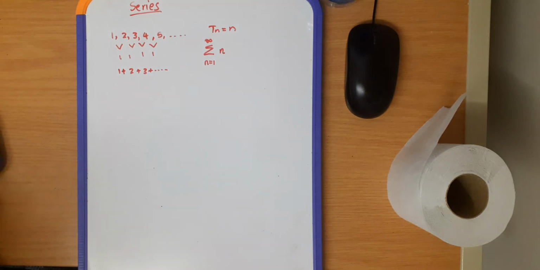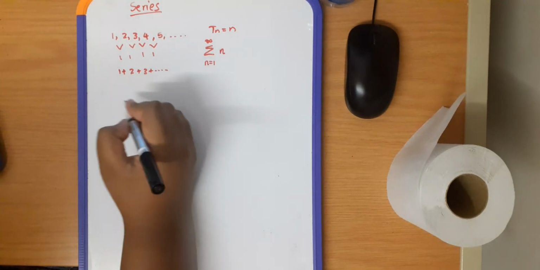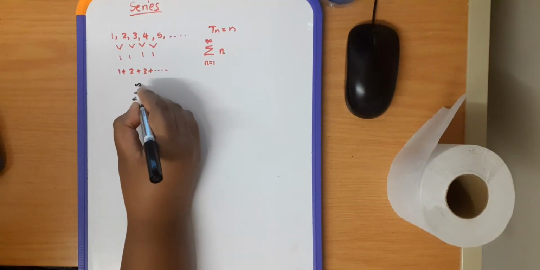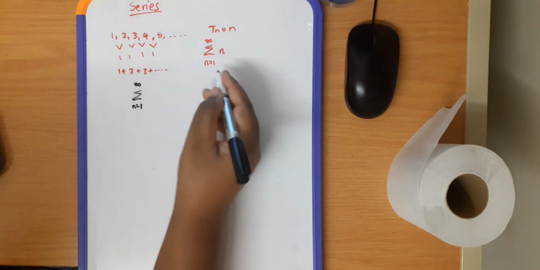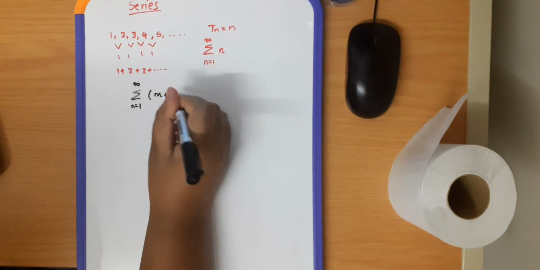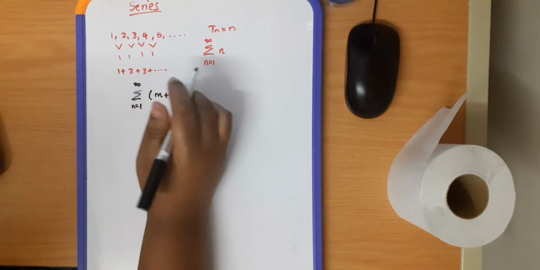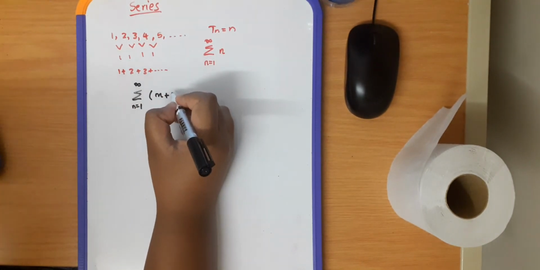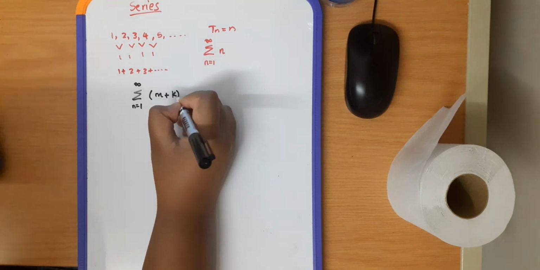What's important about series is you have to understand the addition, how sigma notation works. So sigma notation, let's say n equals 1 to infinity of, maybe, m plus k.